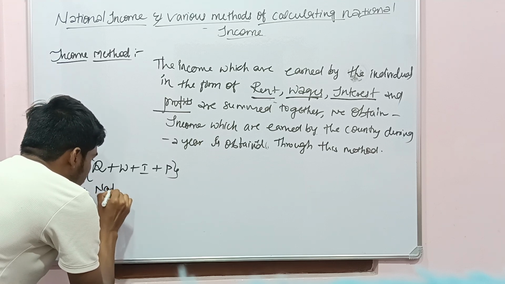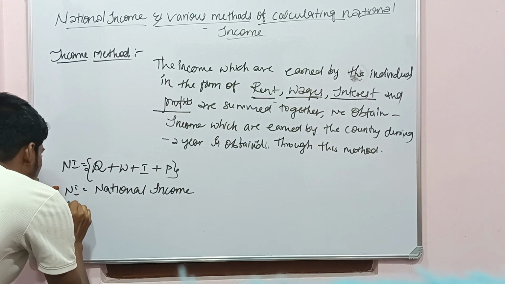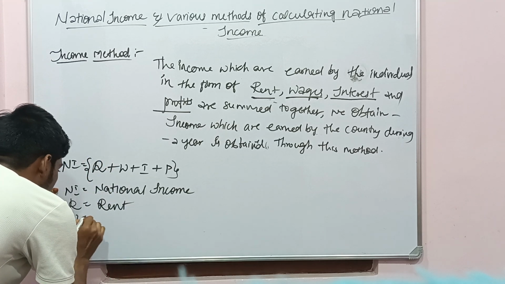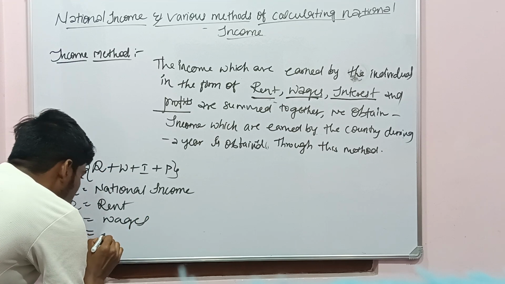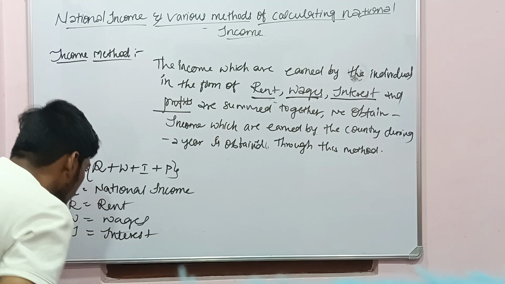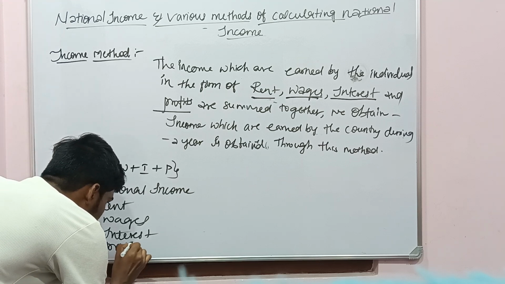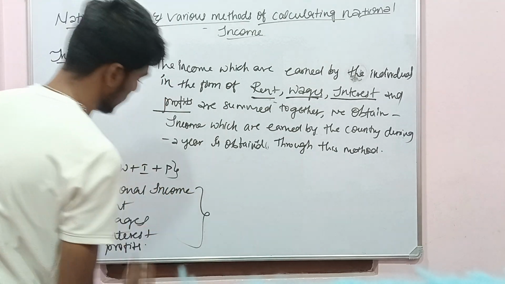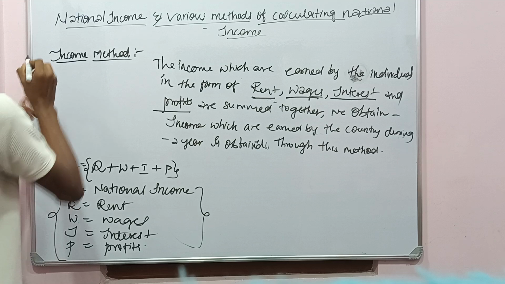NI equals national income, R equals rent of the factory and wages for the laborers, I equals interest earned by the firm, and P equals profit earned by the firm in the various factors. This is the second method of calculating the national income, which is the income method.